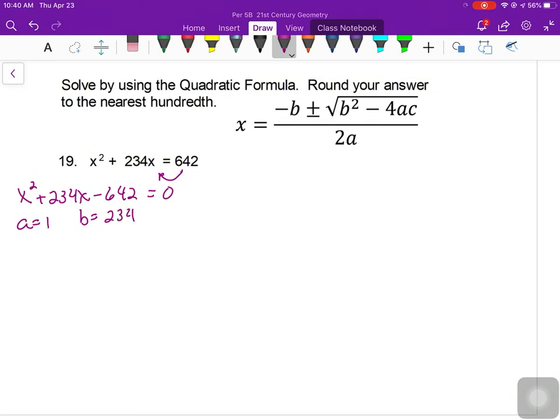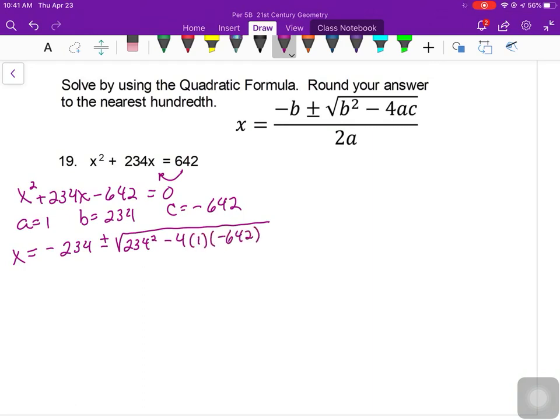The A is 1, the B is 234, and the C is negative 642. Putting it into our quadratic formula, negative b plus or minus the square root of b squared minus 4 times the a times the c, all of that, even the negative b, divided by 2 times the a.